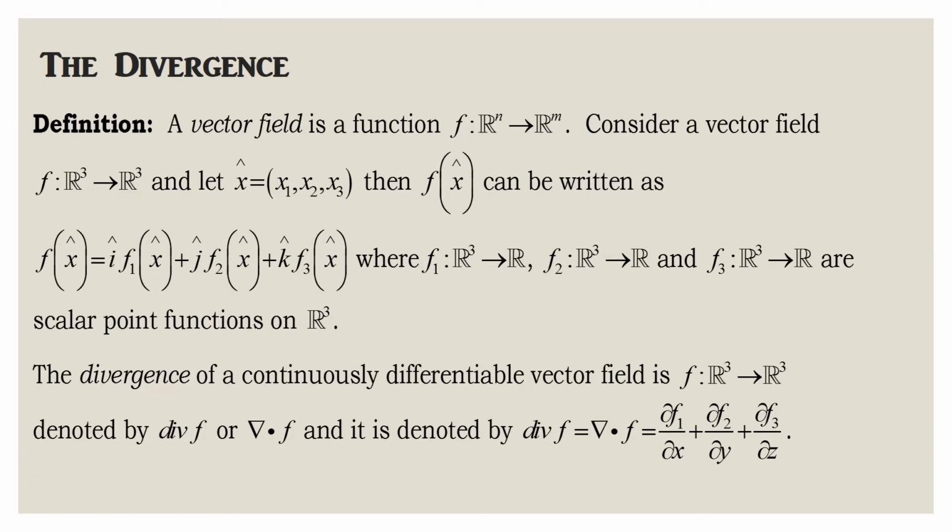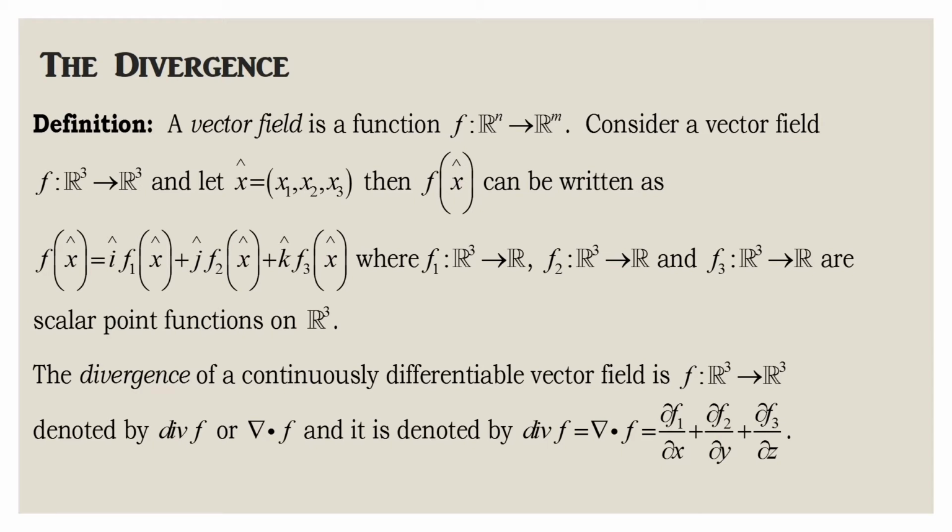It is defined by div F equals ∂F1/∂x plus ∂F2/∂y plus ∂F3/∂z. If we observe, there are three pieces. The first piece is the partial derivative of the scalar field F1 with respect to x, namely ∂F1/∂x.